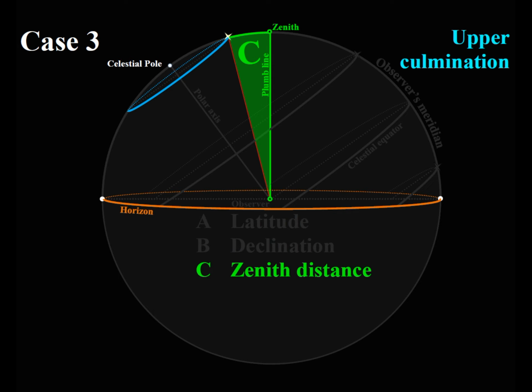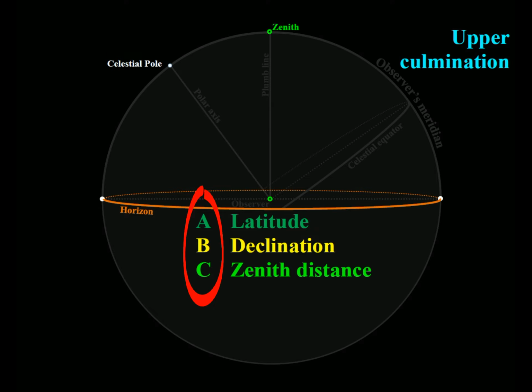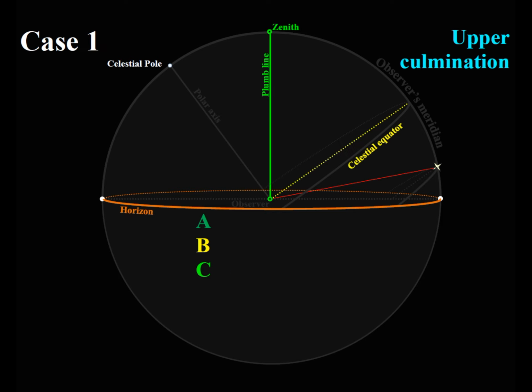In all three cases, latitude, declination and zenith distance are interconnected like A, B, C. If we know the declination of the star and the zenith distance during upper culmination, then we can calculate our latitude. First case.